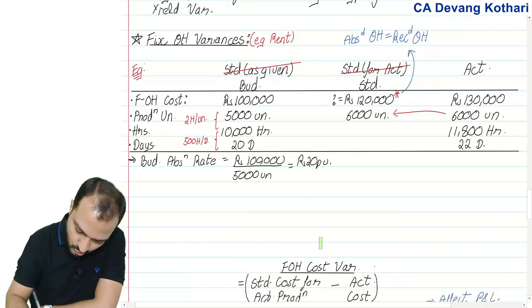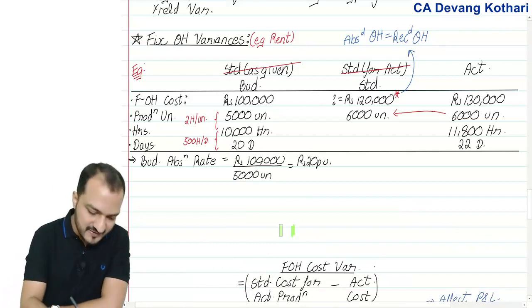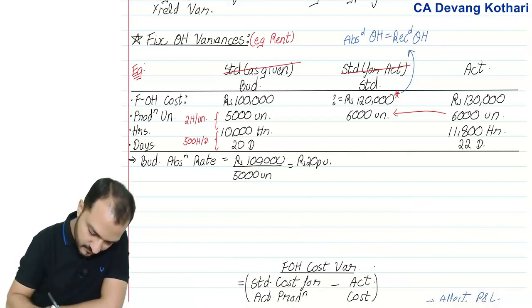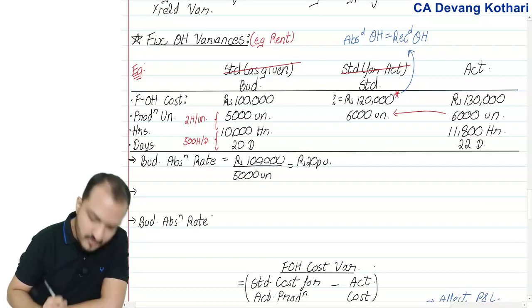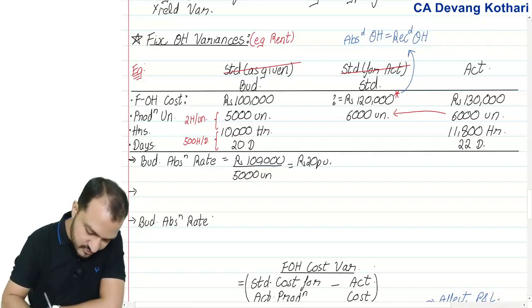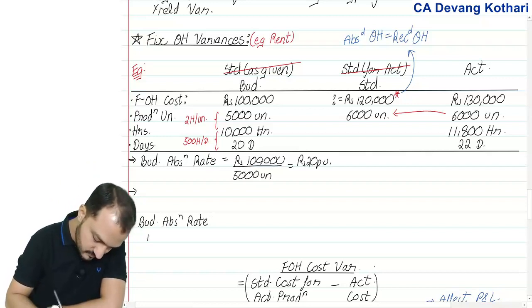See, that's why I told you not to copy anything, because I will keep making spaces in between here to cover more concepts. I can identify my budgeted absorption rate per day.